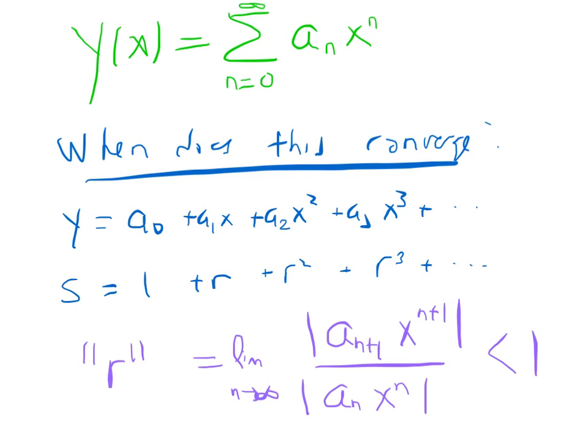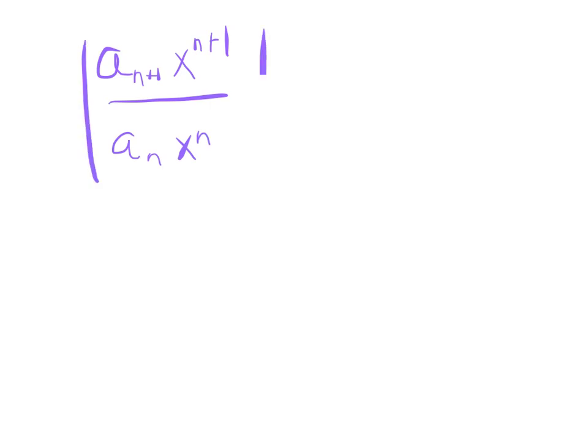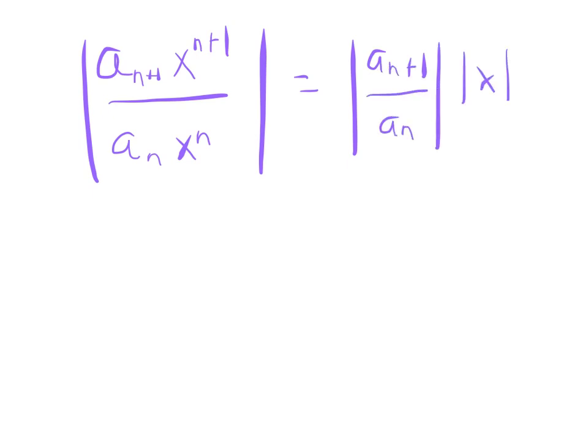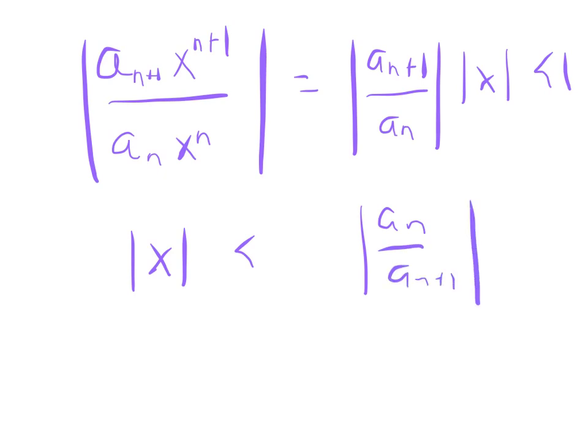And this is what we wrote down last time: if I write down a_(n+1) x to the n plus 1 over a_n x to the n, absolute value of everything, then of course the x to the n cancels, so this is really just a_(n+1) over a_n times the absolute value of x, and this has to be less than 1, so that implies that the absolute value of x has to be less than a_n over a_(n+1), and really this is the limit as n goes to infinity.